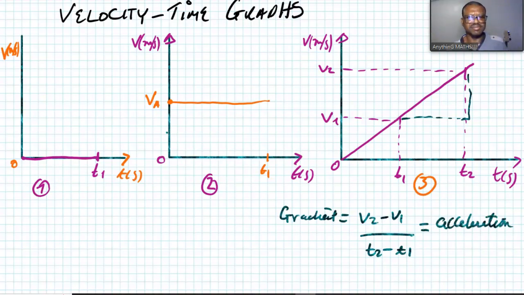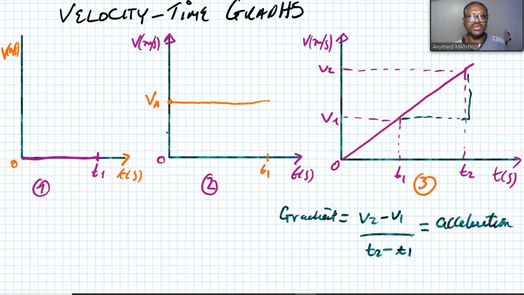Acceleration. So graph 3 is showing a constant acceleration. Graph 2 is showing a constant velocity. And graph 1 is showing, can you tell me?